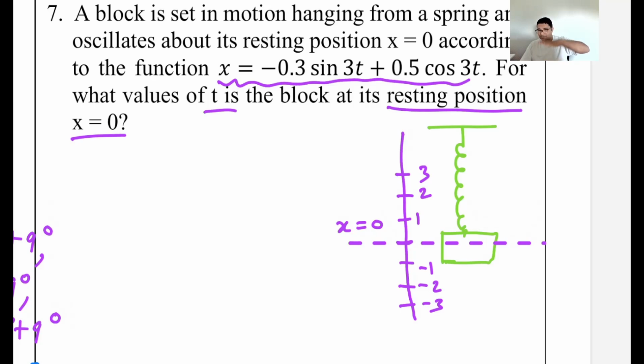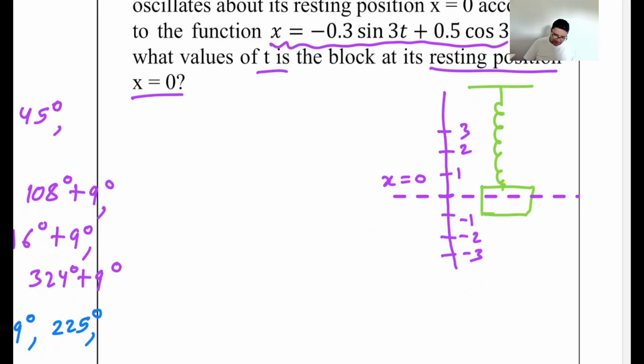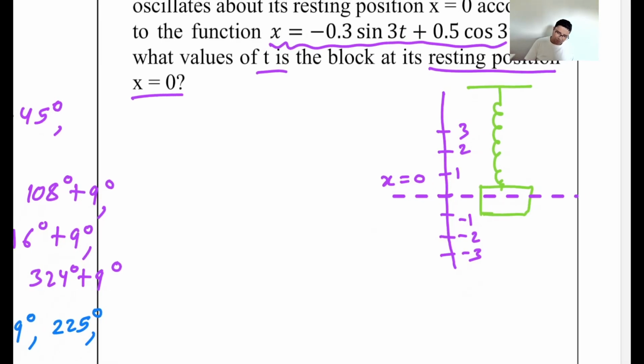When it is going up, it will pass through that, and when it is going down, it will pass through that again. So we want to know at what times it will be reaching that x equals 0 level. That is the question. Now the solution can be detached from that, but I just wanted to make sure you understand what's going on.